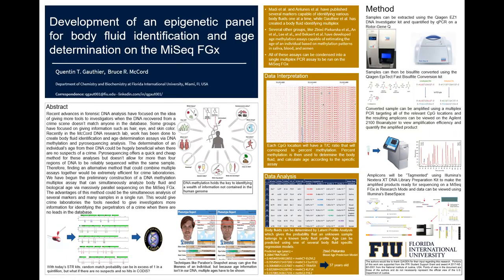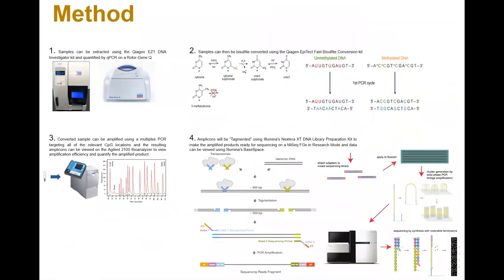Conversion Kit. The purpose of this kit, and I'm going to be able to show this a little bit better on this slide here, is that we're able to modify unmethylated cytosines into uracil using this bisulfite conversion, while the methylated cytosines are going to remain unchanged.